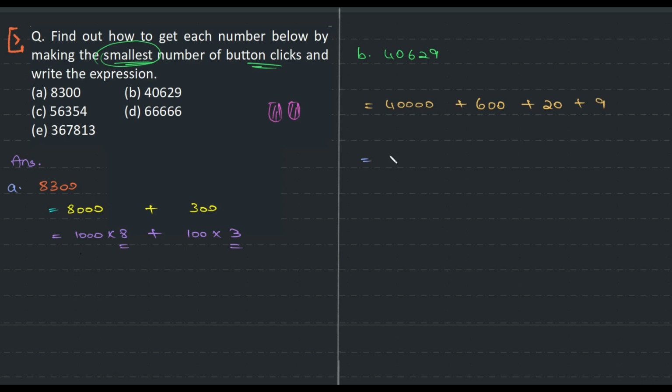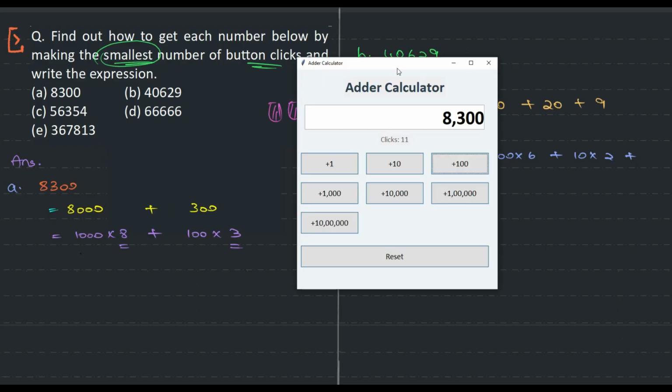The fastest way is 10,000 into 4, plus 600 can be written as 100 into 6, plus 20 can be written as 10 into 2, plus 9 can be written as 1 into 9. Is there a better way of doing that? Alright, this is the fastest way possible. This will be 4, 6, 2 and 9, 21.